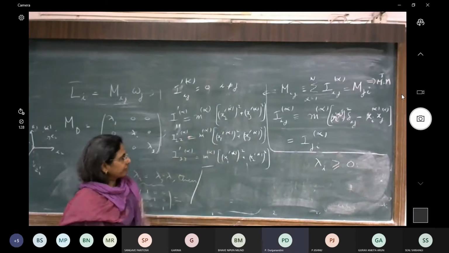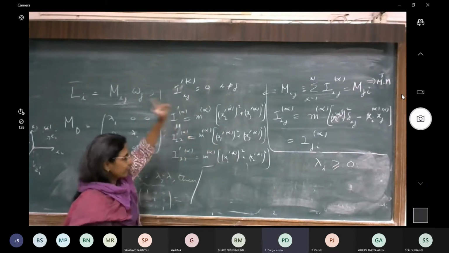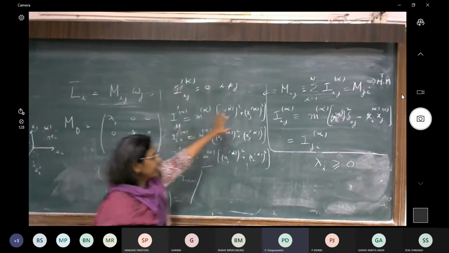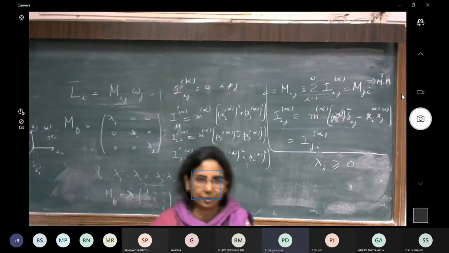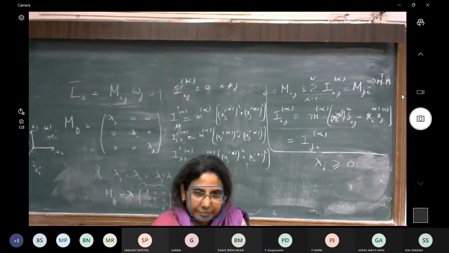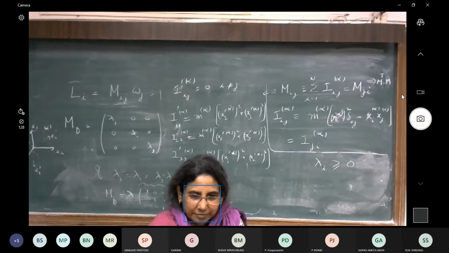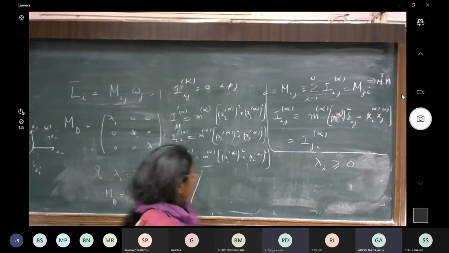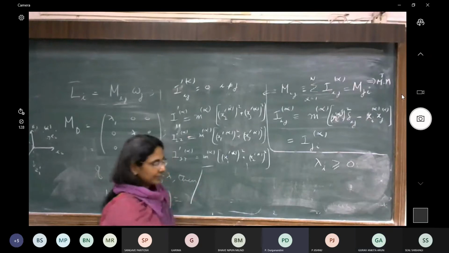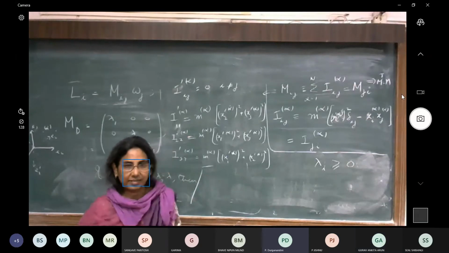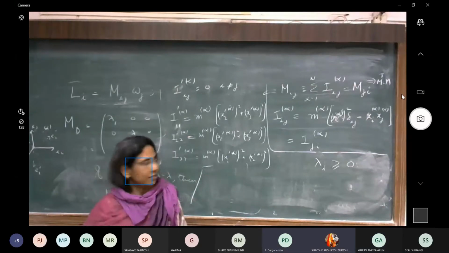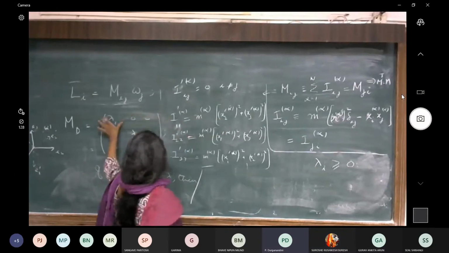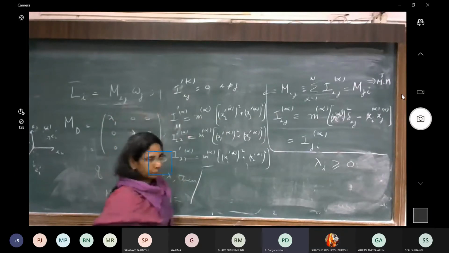For simplicity, assume that we only have one particle or say two particles. When can the eigenvalue become 0? At the origin, certainly. Suppose I want lambda 1 to become 0. What will that imply?